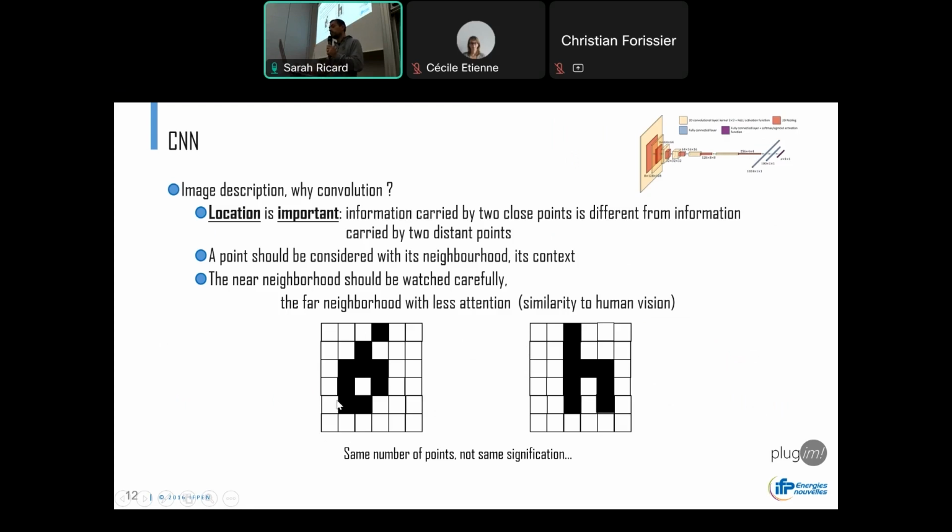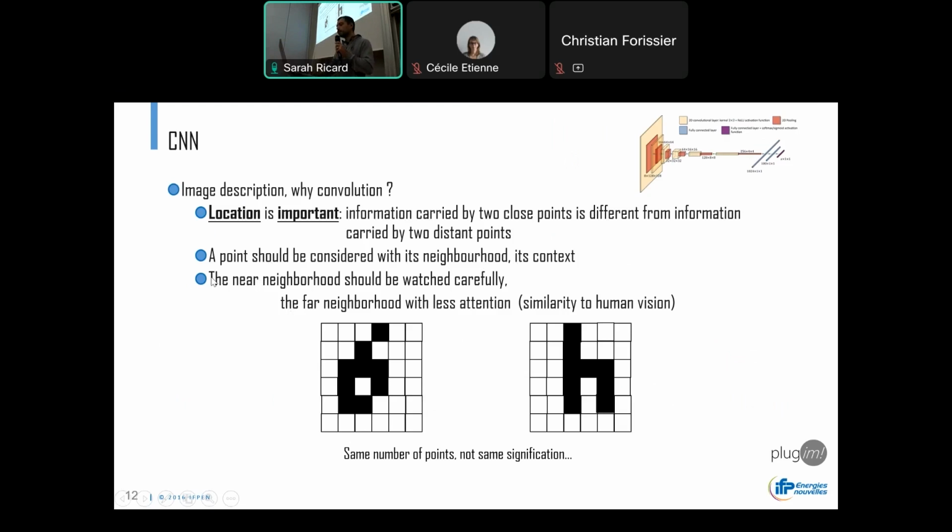Here you see a 6, and here you see a letter H. But to give this answer, you don't count the points; you have to inspect carefully the localization of the points between waveforms. So you consider a point with its neighborhood and its context.